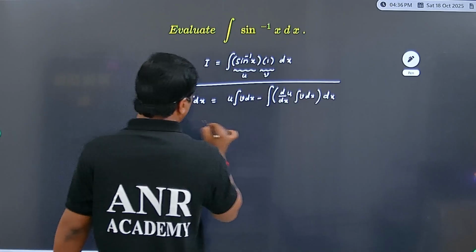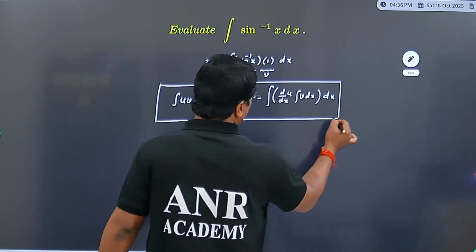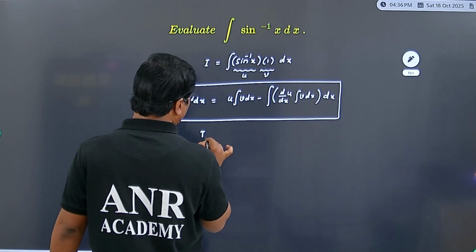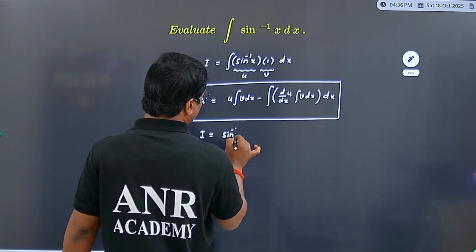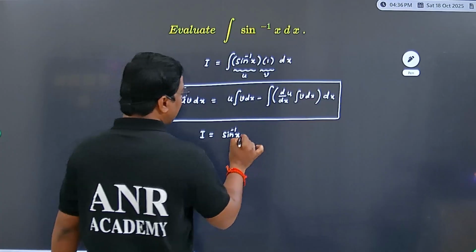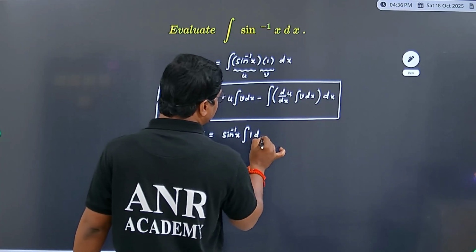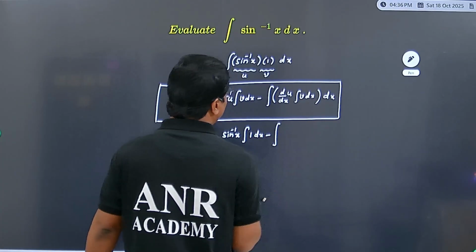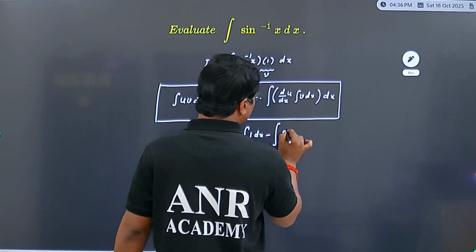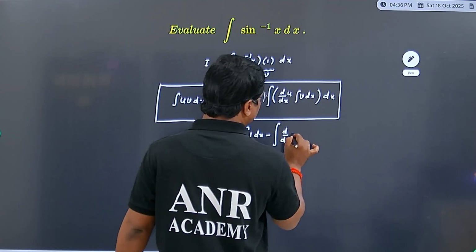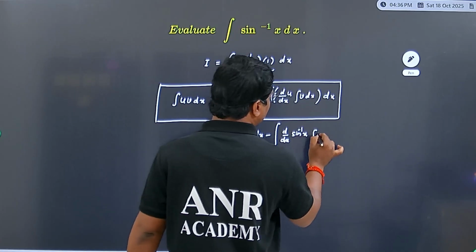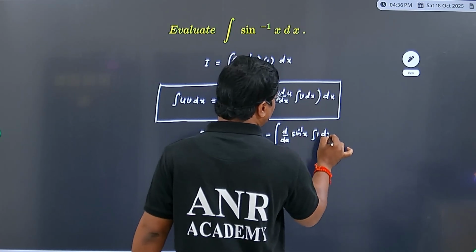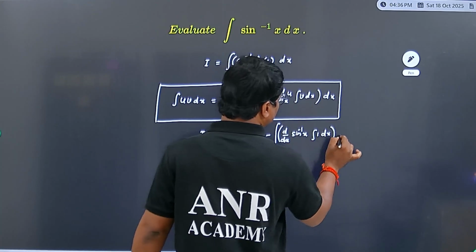Yes, this is the formula. Using this formula, you can write the value of I as first u, that is sine inverse of x, next integral v, integral 1 dx, next minus integral d by dx of u, that is d by dx of sine inverse of x, next integral v dx, that is integral 1 dx whole dx.